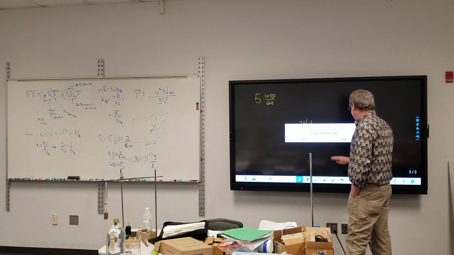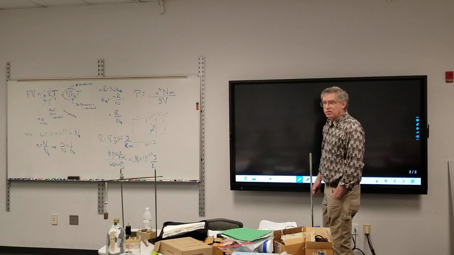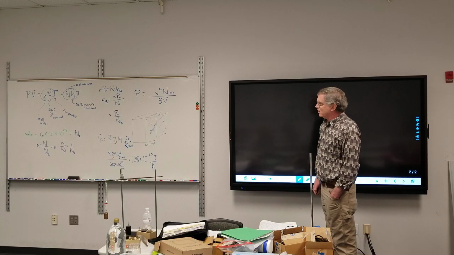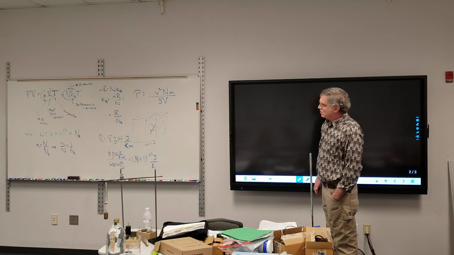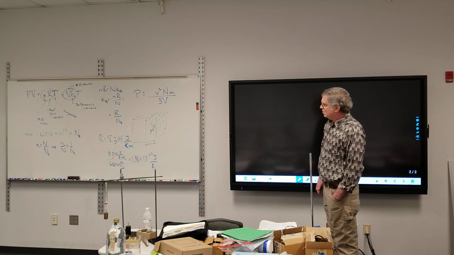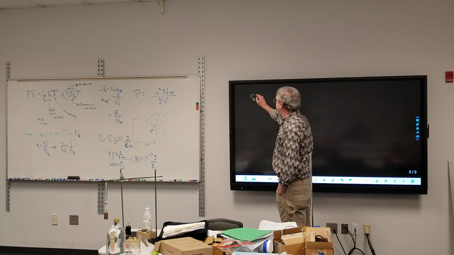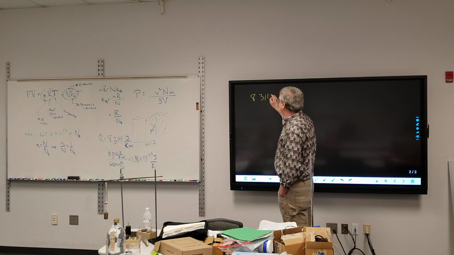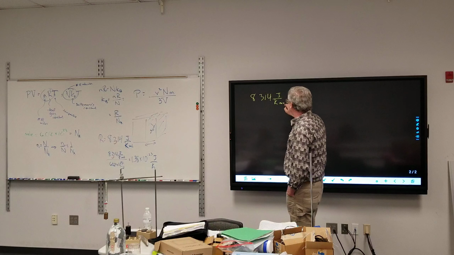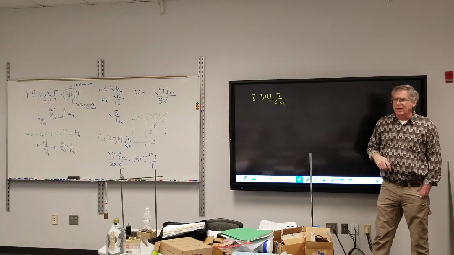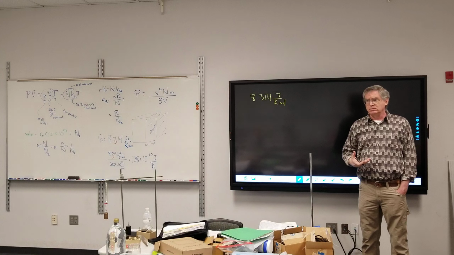Dr. Fox? Yep. Boltzmann's constant. Is that a negative 23 exponent? Yes. All right, so we have 8.314 joules per Kelvin mole. A mole is just a number.